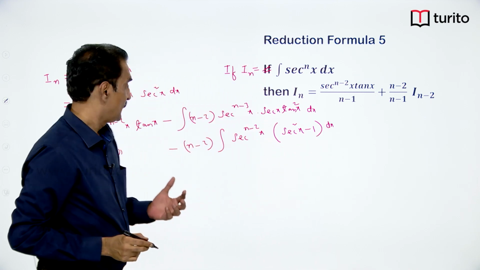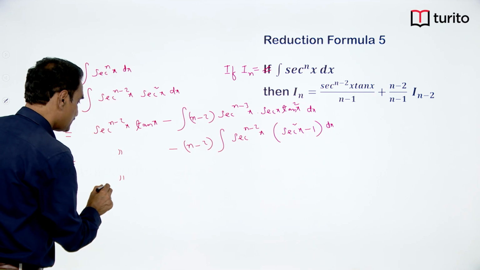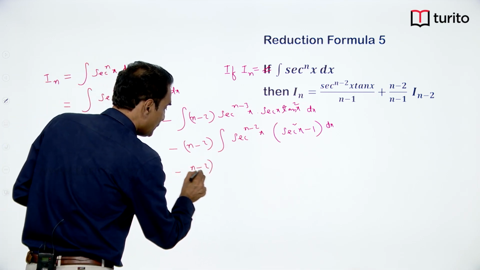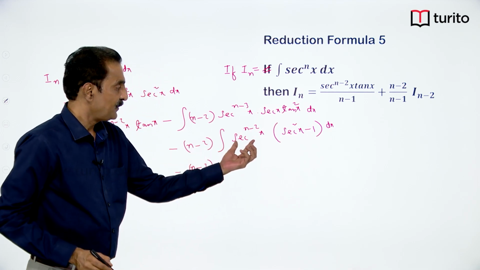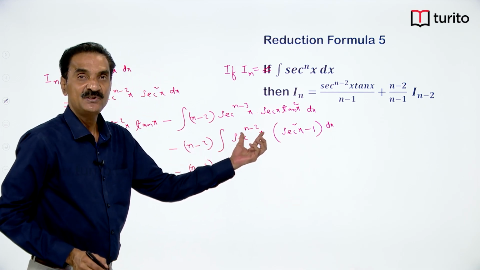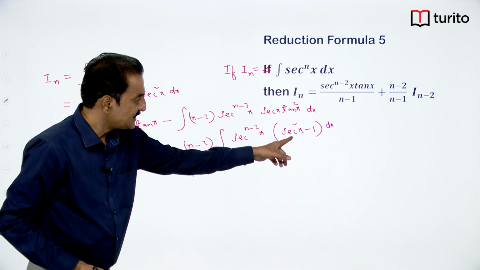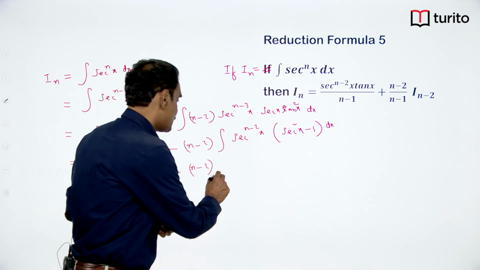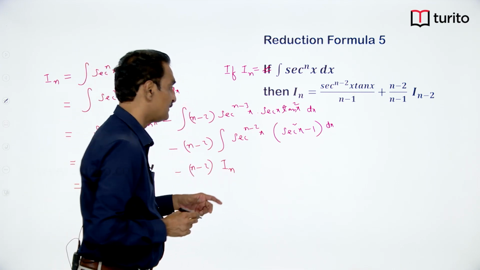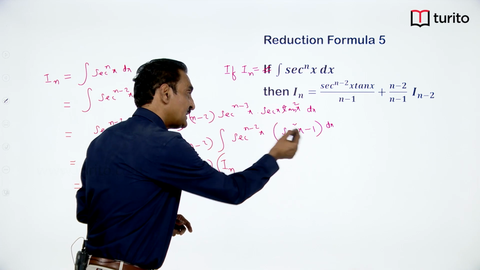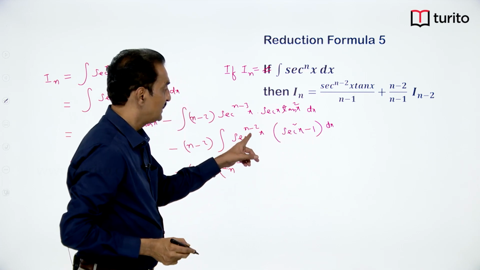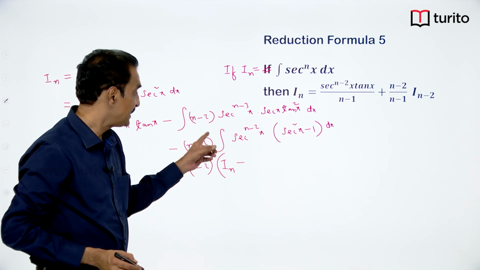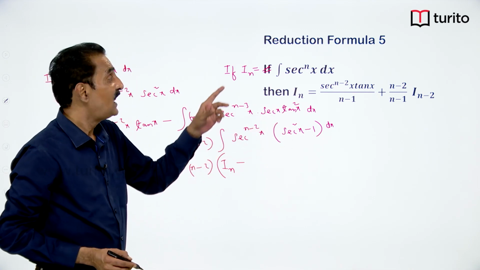The first term is as it is, minus of n minus 2 into, if you multiply secant power n minus 2 inside, this into the first term will be secant power n x, which is In. So, In, next term is minus, this into this is secant power n minus 2x, and the integral of secant power n minus 2x is In minus 2.